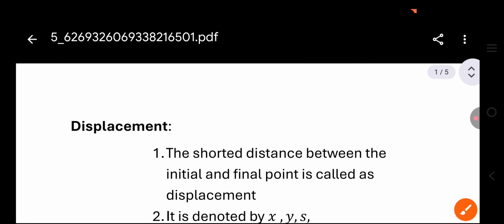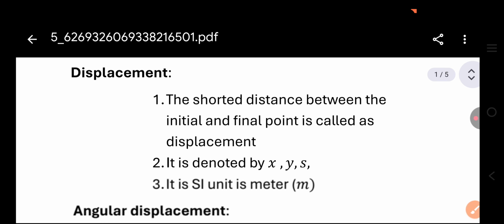These are some definitions of kinematics in circular motion.